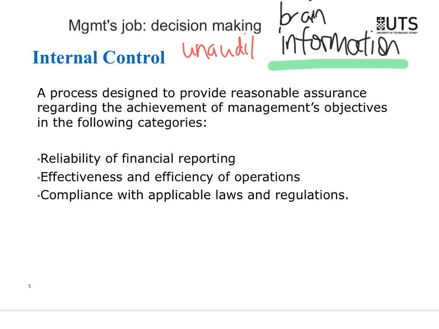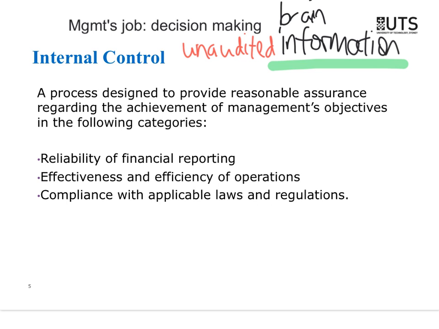So that means it is in management's best interest to have good policies and procedures, good systems to make sure that the information they collect about all of their transactions meets the assertions, is accurate, reliable, all of our sales really did happen, we've recorded it at the correct amount, our inventory movements are correct.